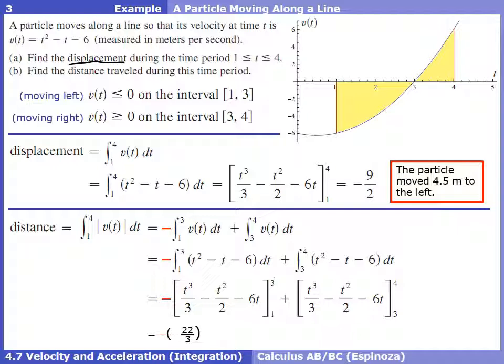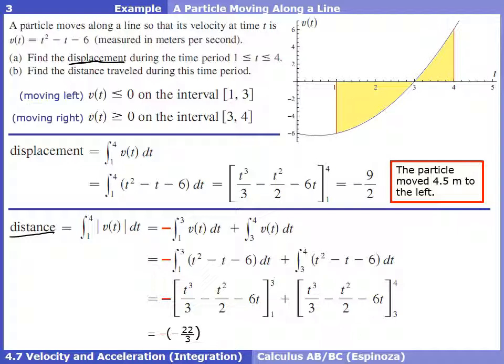When you plug in the 3, and when you plug in the 1 and subtract those numbers, you get negative 22 over 3, which we already knew. We know that that area being below the t-axis should make it a negative. But with that red negative I put in the front, that'll turn it positive, which is what we want in terms of finding the total distance.